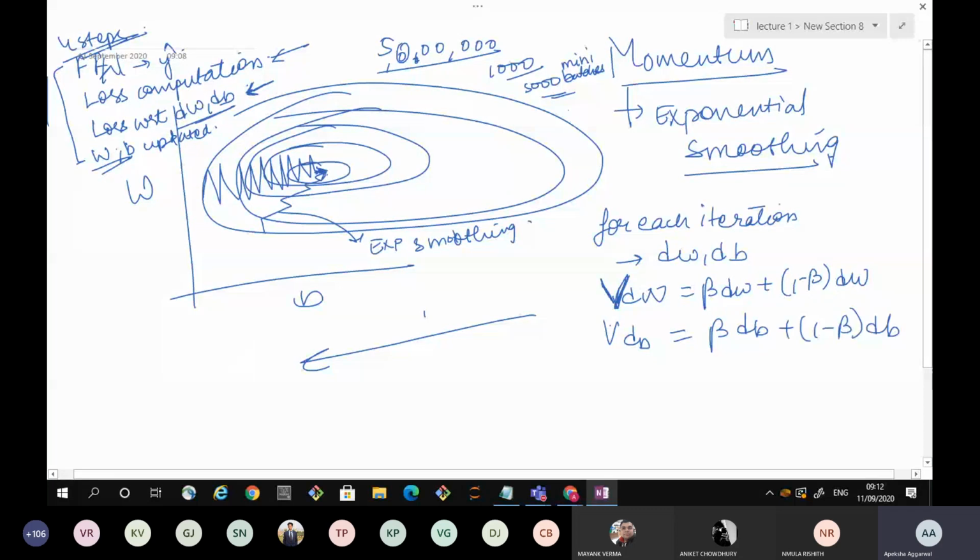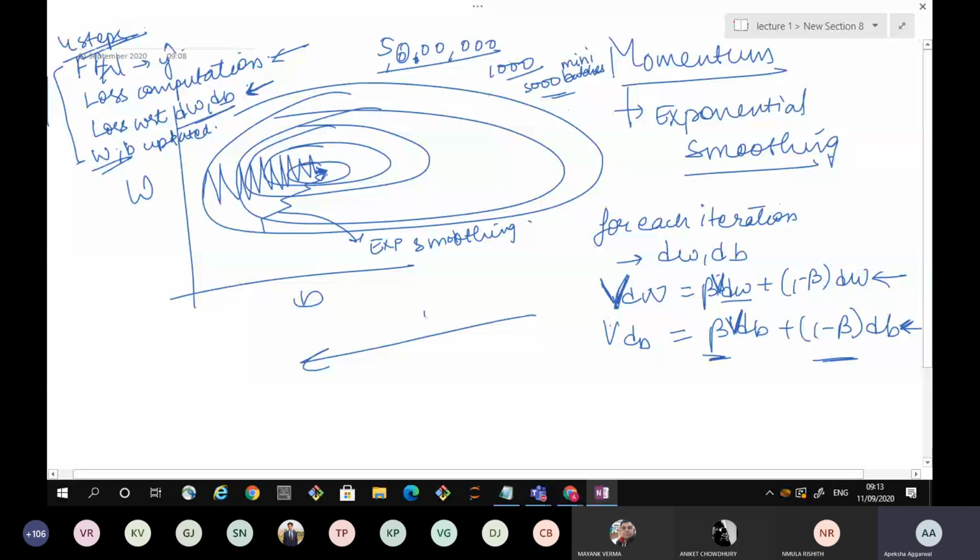We know that beta and 1 minus beta are hyperparameters, and we want to smooth dw and db. So this is vdw.